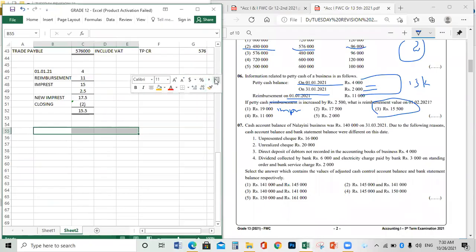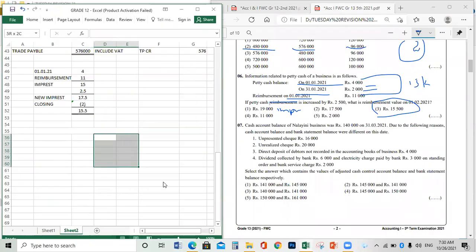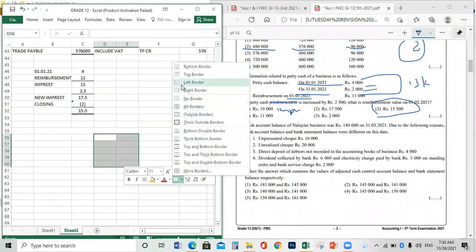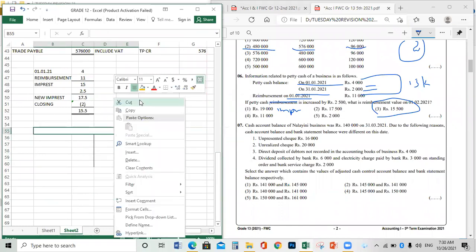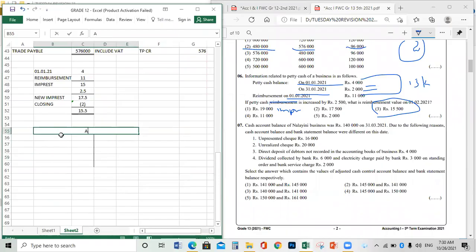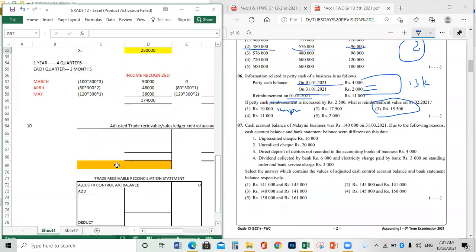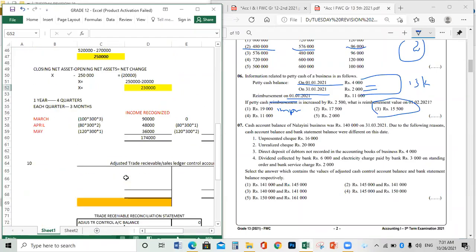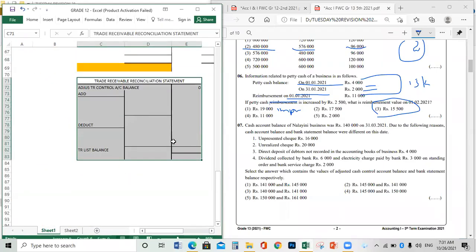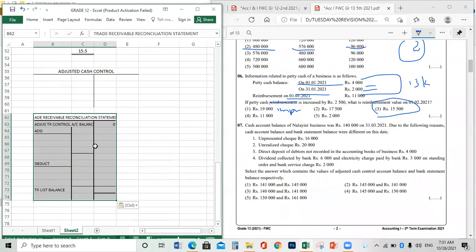Just draw an adjusted cash control, and then draw a bank reconciliation statement. So I'll say here adjusted cash control, and then guys draw a reconciliation. Okay, so this should be bank reconciliation.